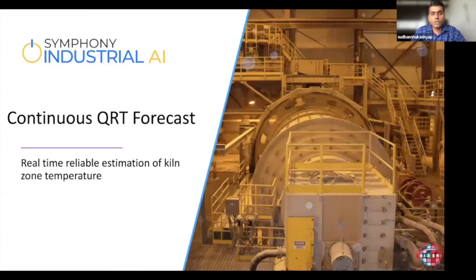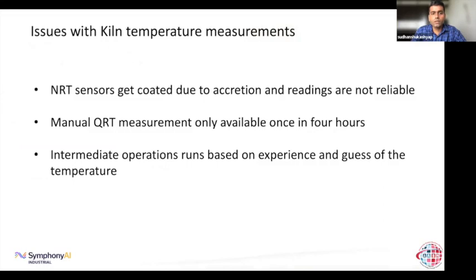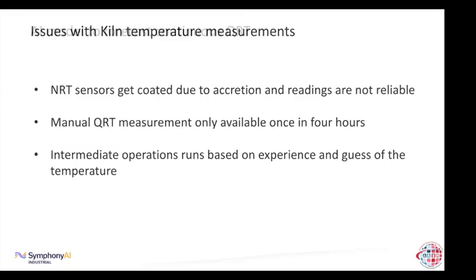So, continuous QRT forecast. We talked about this. NRT measurements, the normal response measurements, are continuous but not reliable, and QRT is intermittent. So now all these intermediate operations run on a guess value. Based on operators' experience, they change things in this case.